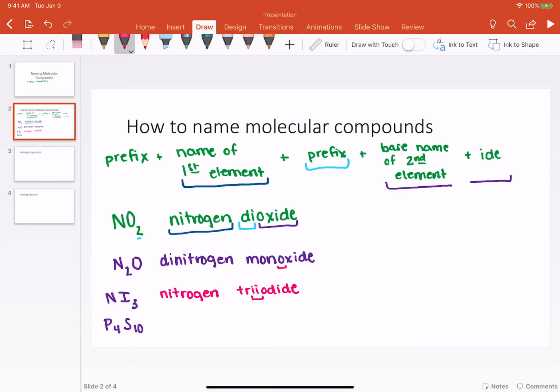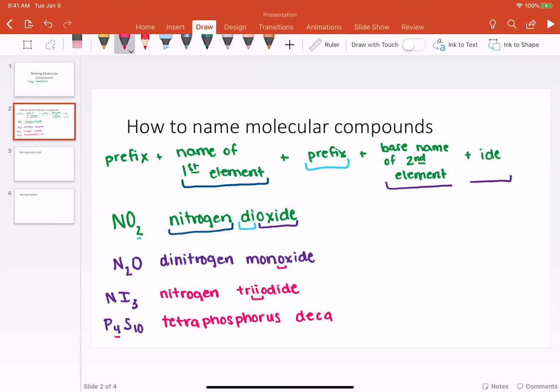So for our second example, this one doesn't only have one of our first element, we have four. So in chemistry, we use the prefix tetra for 4. So we have tetraphosphorus, decasulfide.